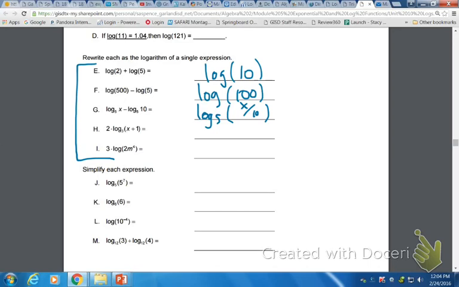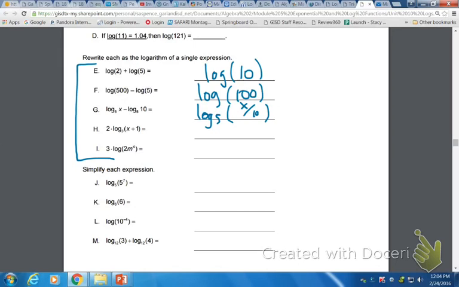Okay? Now, H, this is where you guys got lost. This is being multiplied, right? When we're multiplying exponents, that's that power to a power property. That's this one working over here, and that's the example here.